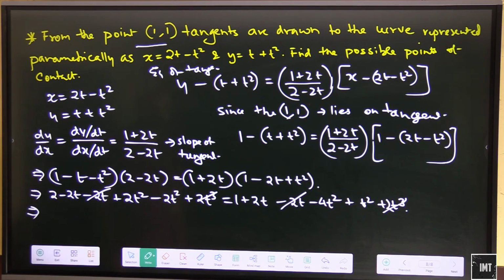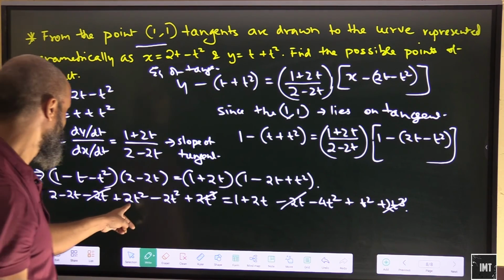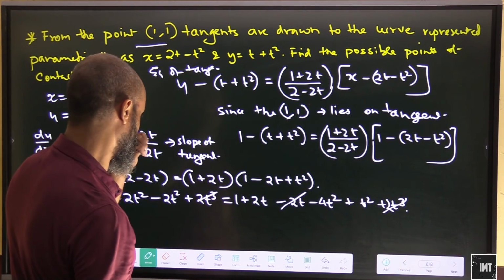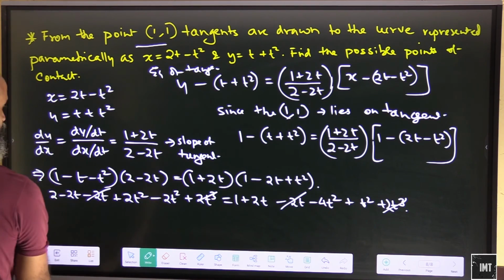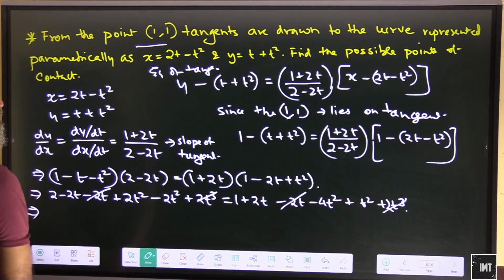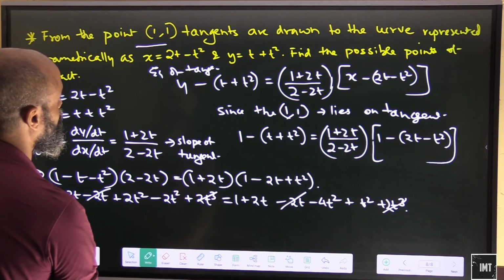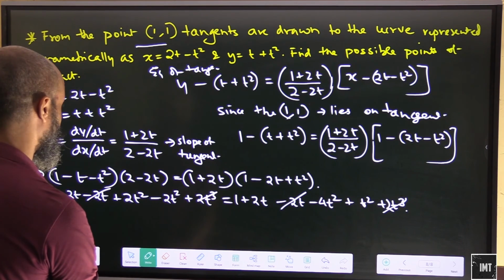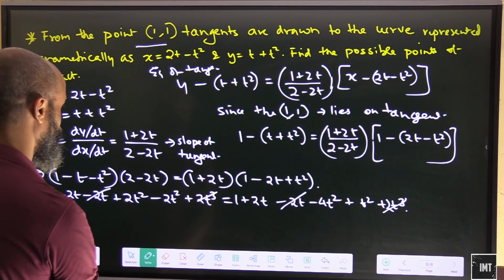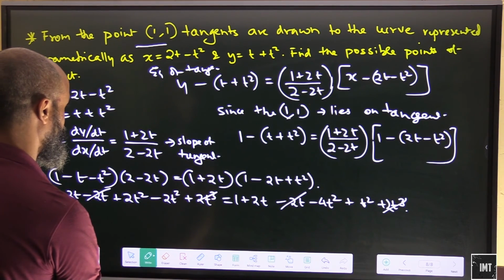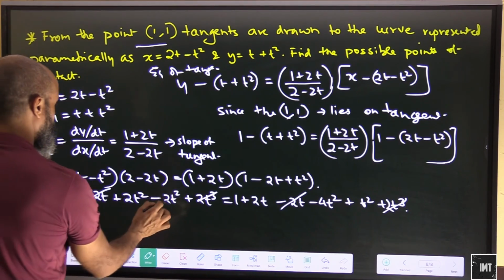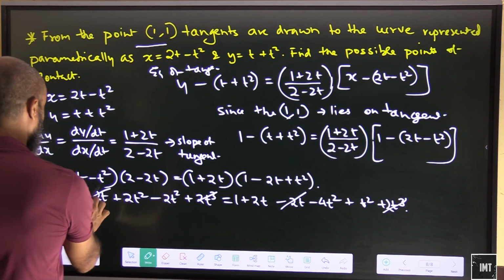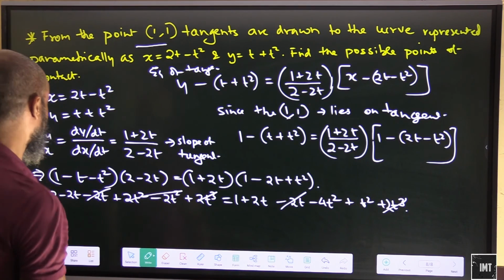We also have 2t square minus 2t square, which gets cancelled.